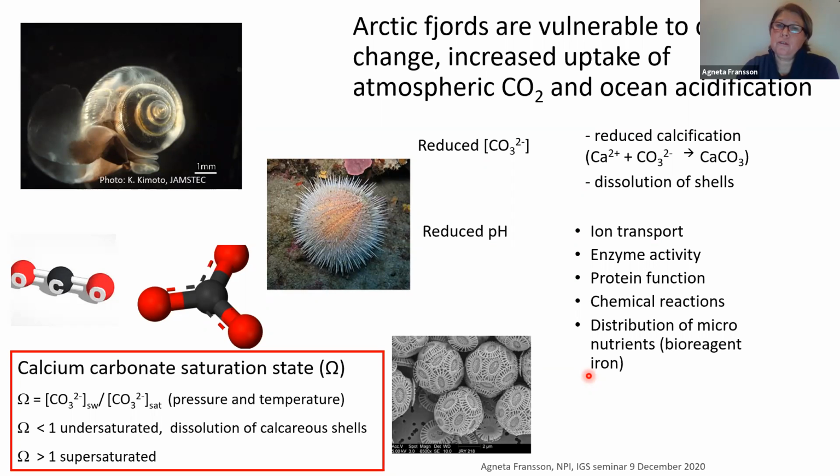With reduced carbonate ions, you will have reduced calcification and dissolution of shells. But with the reduced pH, you will also have effects on the ion transport in marine organisms, enzyme activity, protein function, chemical reactions, and also the distribution of micronutrients, such as iron, which are important for organisms.